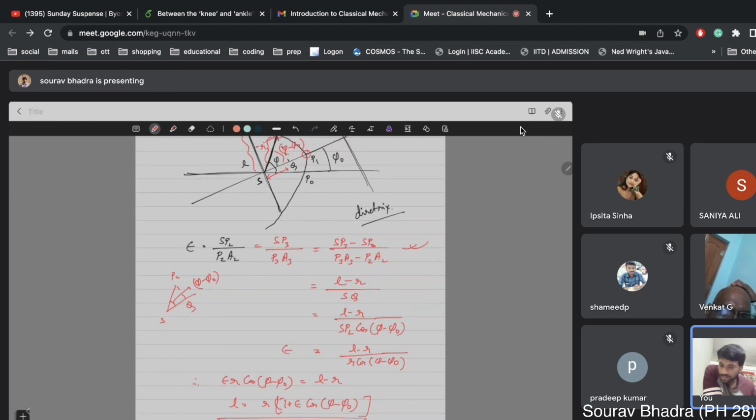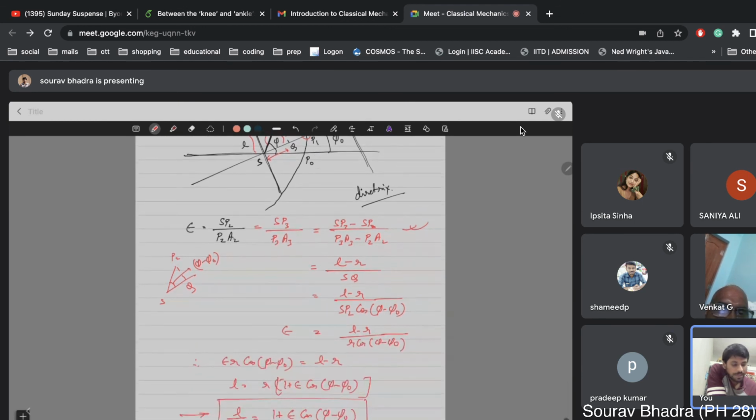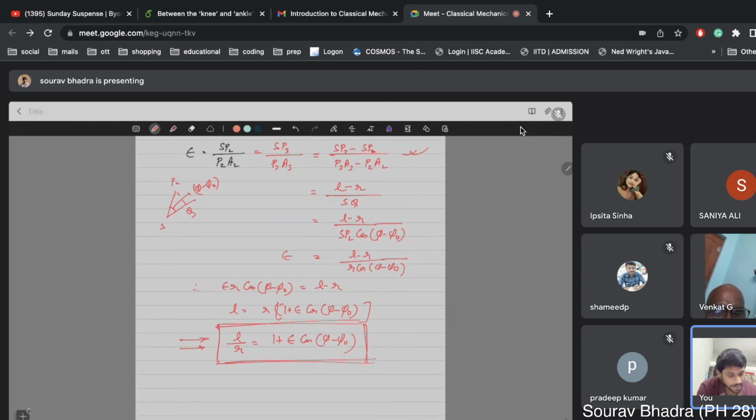Okay, so here I have defined the semi-latus rectum, which is this SP3, and the length is L. So this is an equation we have to remember, and it describes a group of conics depending on the values of epsilon, the eccentricity.